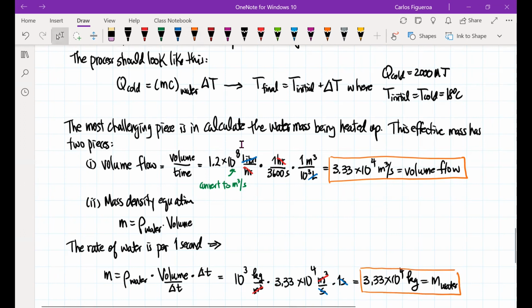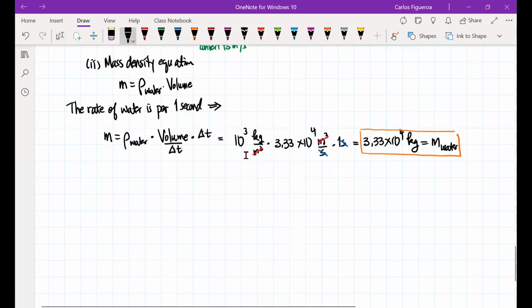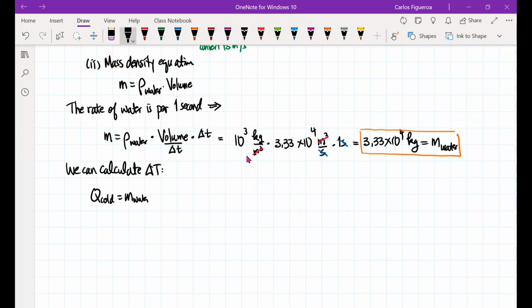So now I have all of my pieces together, and we can calculate delta T. Q cold is the mass of the water times the specific heat of the water times the change in temperature. Solving for delta T gives Q cold divided by the mass of water times the specific heat of water.